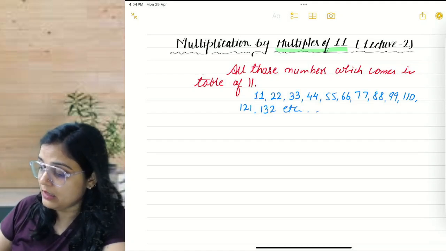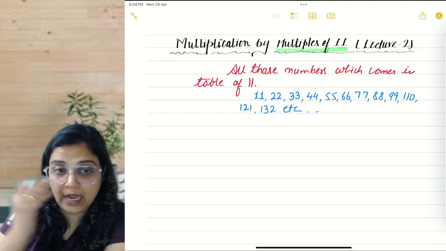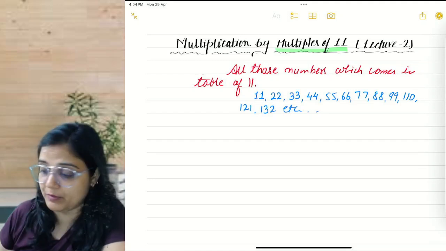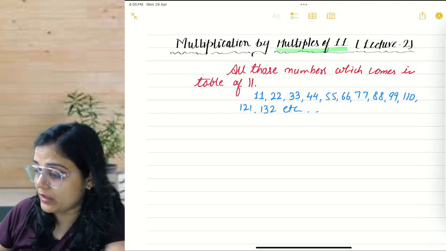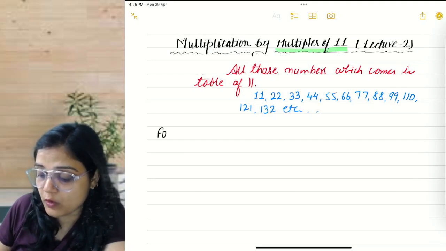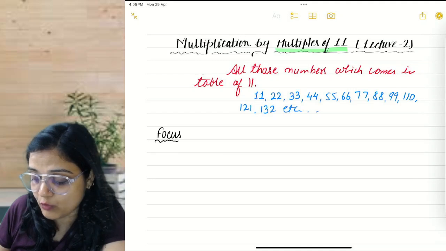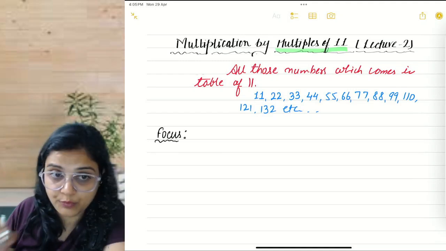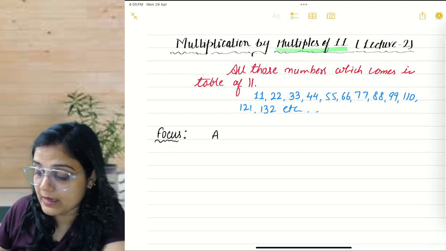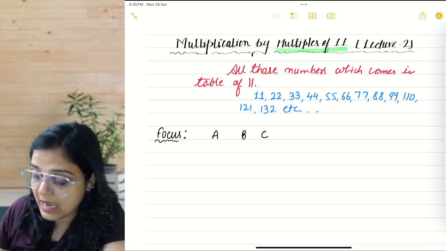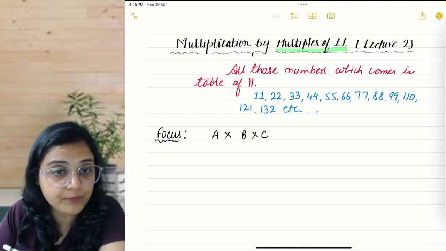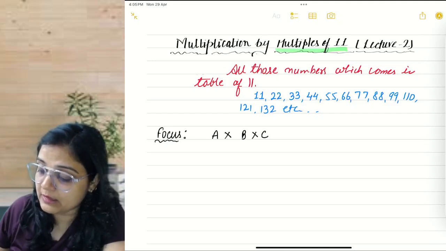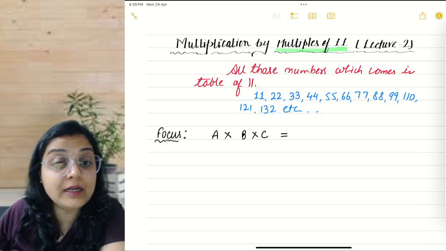So let us see. I just want to tell you before that, if you have not done so many properties of numbers yet, I just want to tell you one thing. You need to focus on something. There is a new thing that I am going to tell you, maybe new for some of you, that if we have suppose three numbers, number A, number B and number C, and we have to find the product, we have to multiply all these three numbers, then it can be done in many different ways.